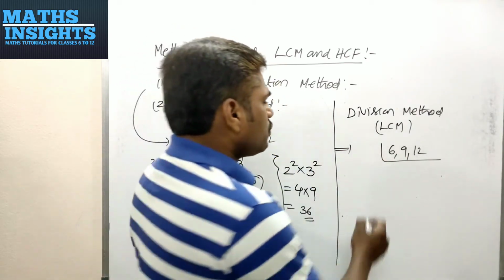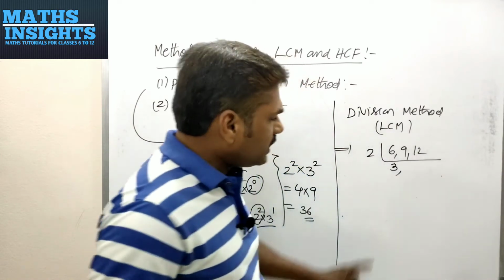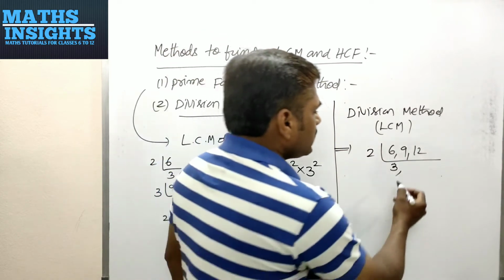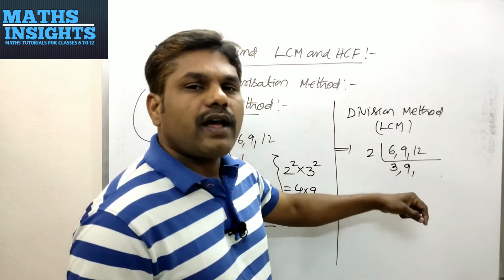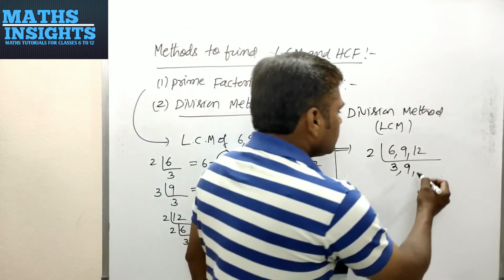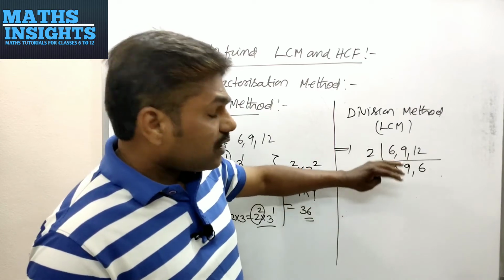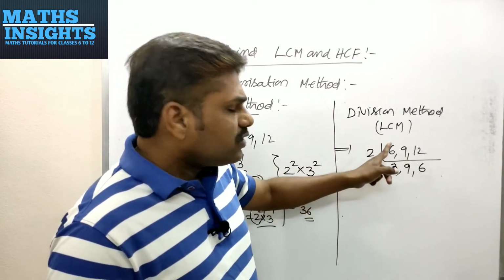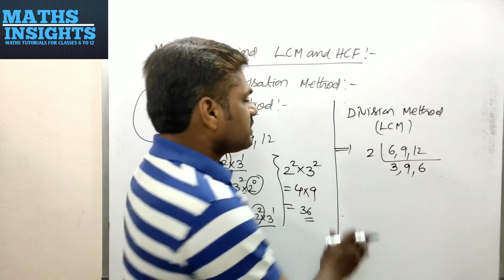You may take it also, but you have to write the quotients, 2 and 3s, here. And if you cannot divide a number exactly, you have to write it as it is. And 2, 6, you have to write like this. But you have a common divisor which divides all of these exactly, that is 3.